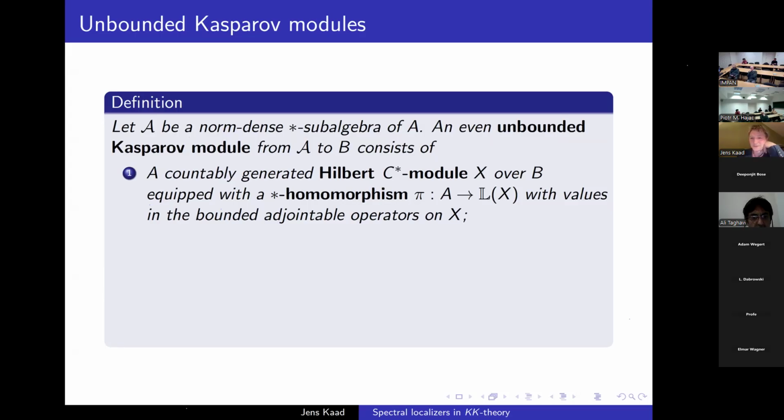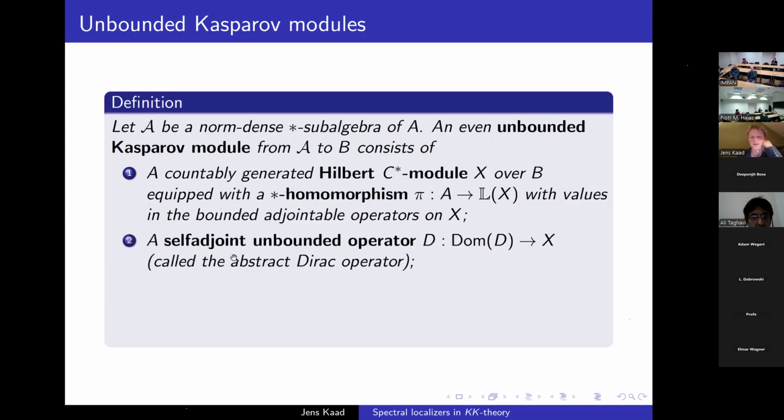Second ingredient is a self-adjoint unbounded operator acting on this Hilbert C-star module. It's typically referred to as the abstract Dirac operator of my unbounded Kasparov module. So self-adjointness here means that capital D is equal to its own adjoint.